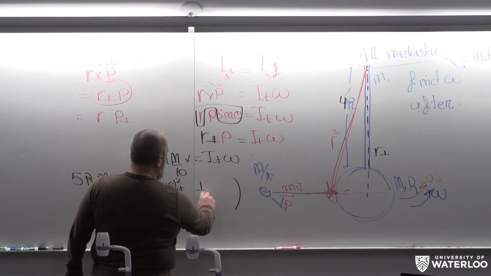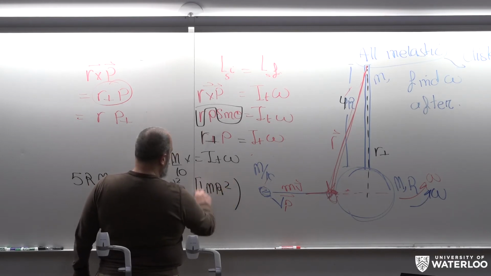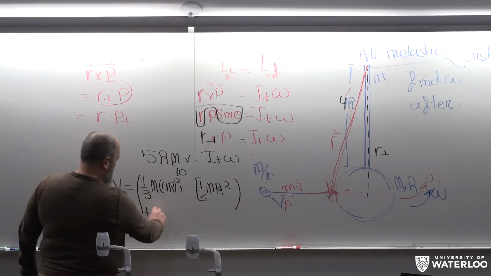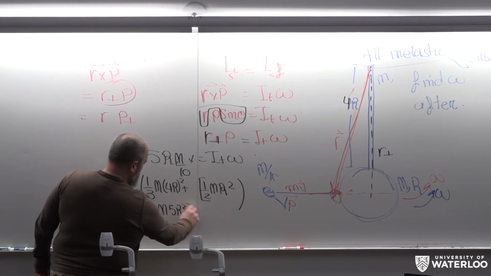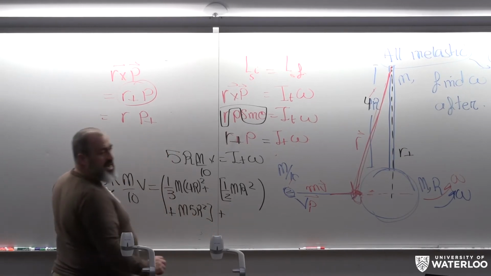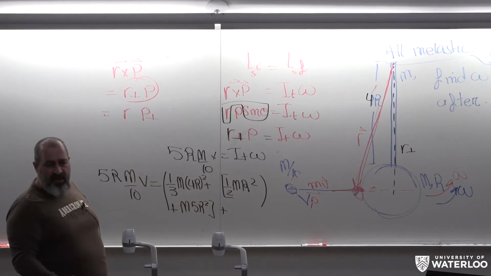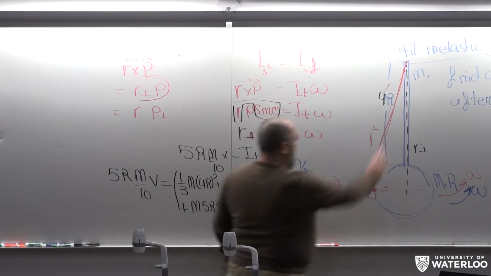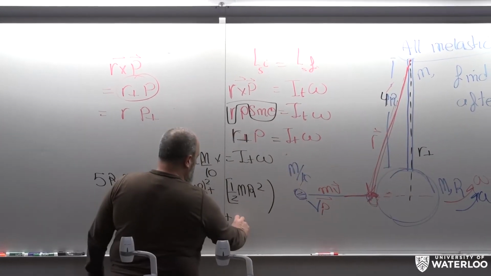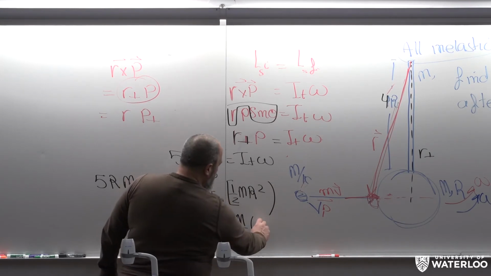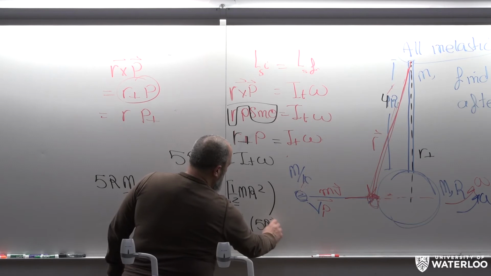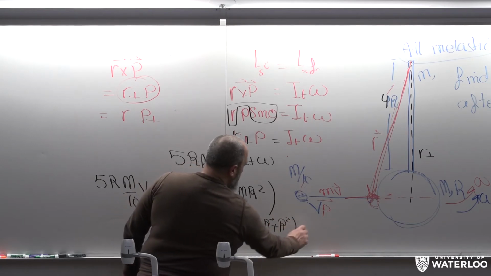Disk. 1/2 M R squared. Plus M times 5R all squared. Plus for the putty, or whatever the object is, it is m d squared, and that's equal to M over 10 times 5R squared plus R squared. Done. Omega.